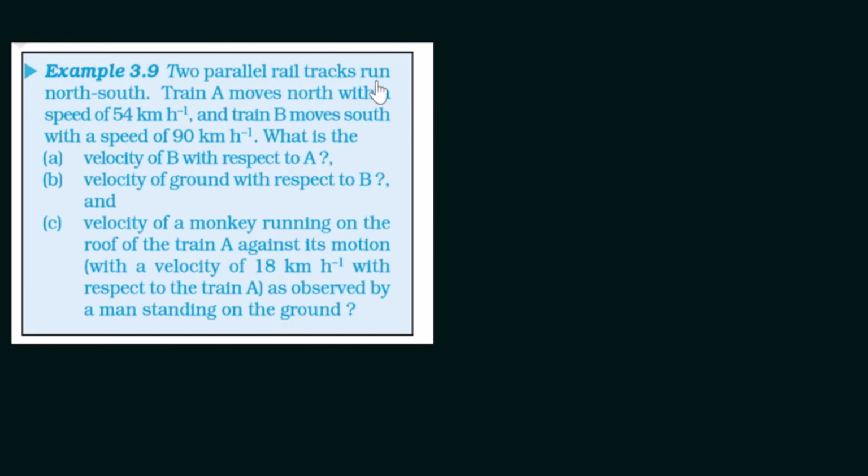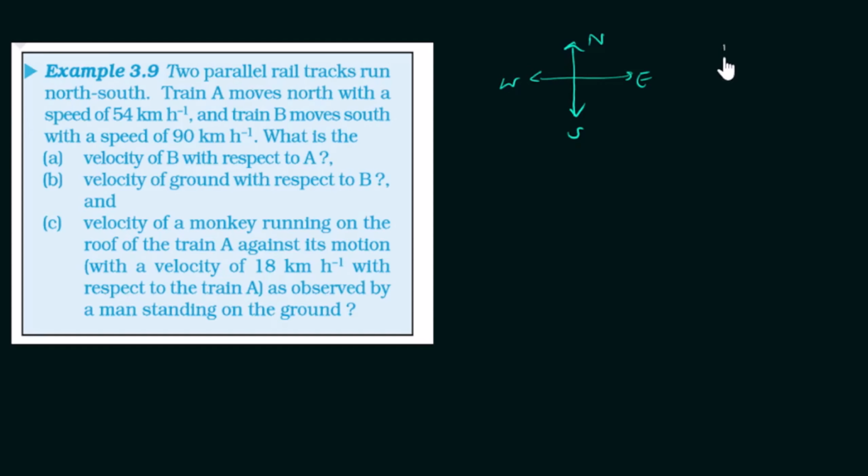Our next problem: two parallel rail tracks run north-south. Train A moves north with a speed of 54 km per hour and train B moves south with a speed of 90 km per hour. What is the velocity of B with respect to A? I can write north here, south here, east and west.